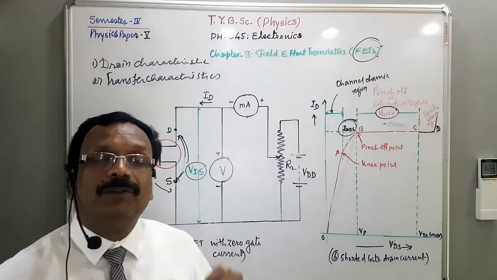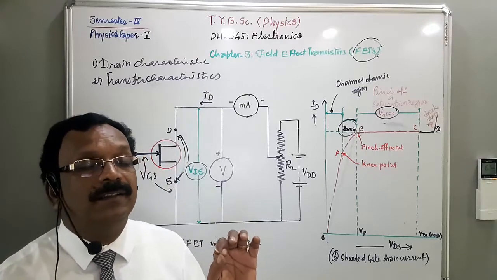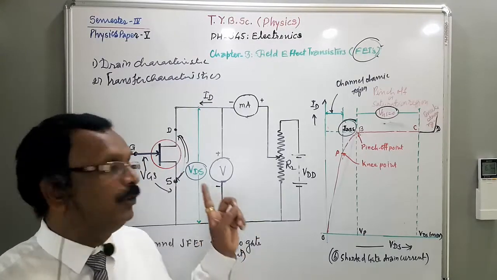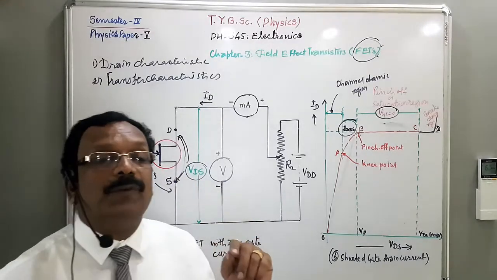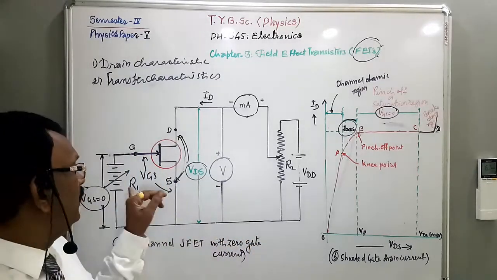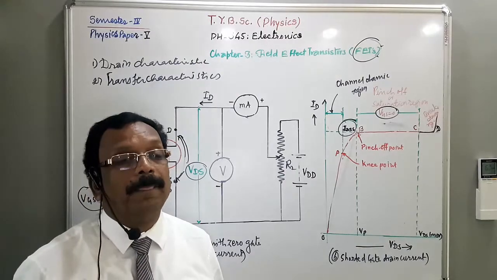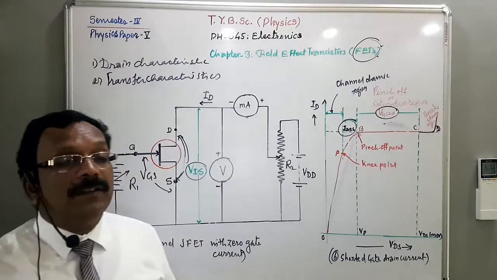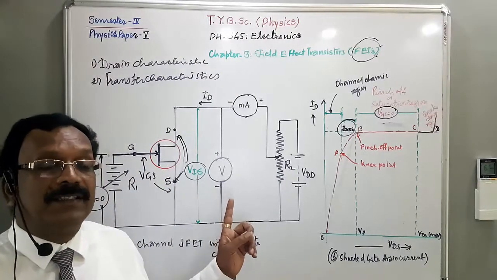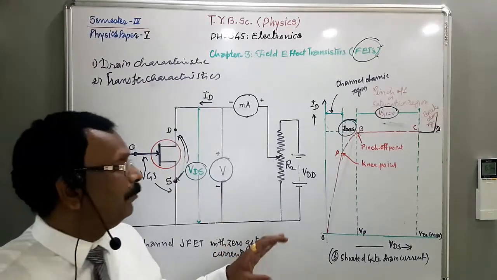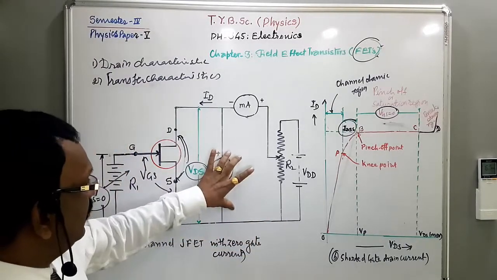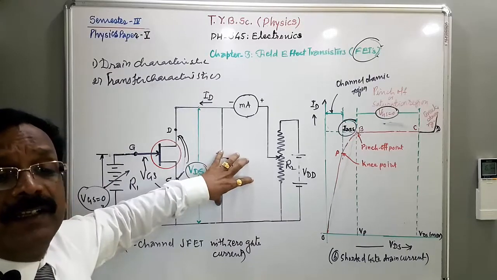Okay. So in a single sentence, we can say that the potentiometers R1 and R2 are used to vary the voltages VGS and VDS respectively.